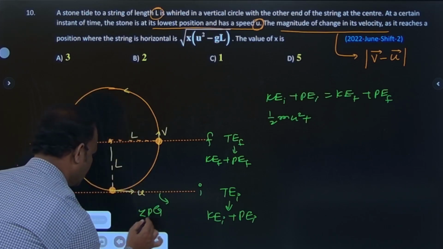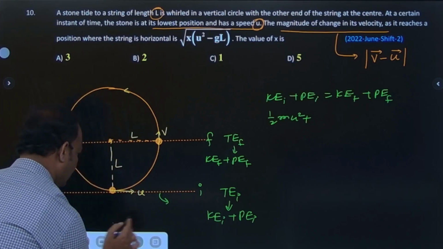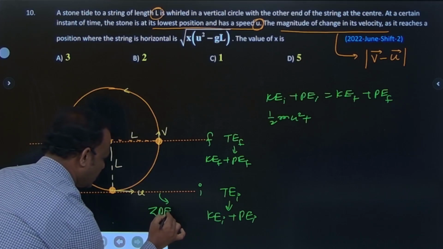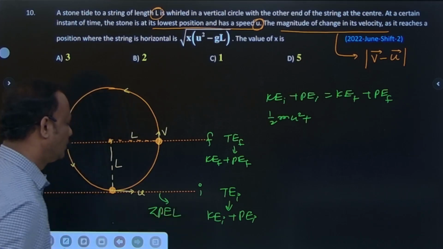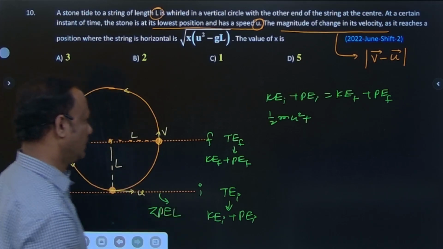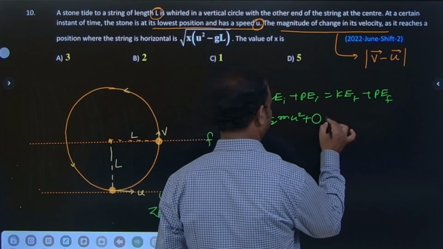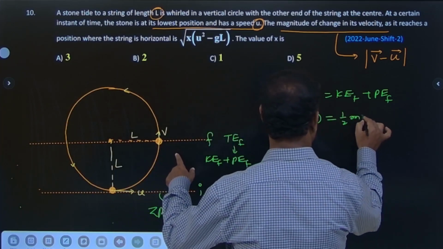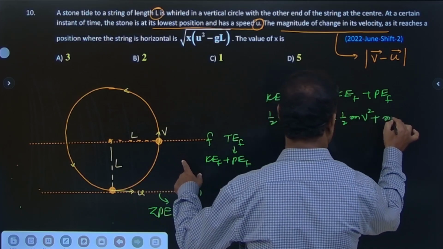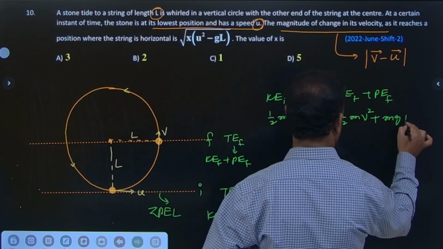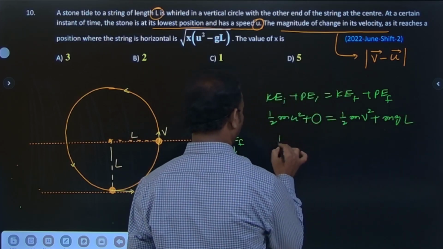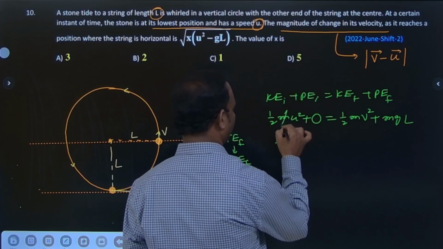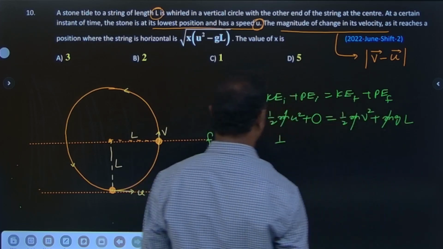So the potential energy due to gravity is zero, and this equals, at this point, half m v square plus potential energy m g h, where h is L. The m cancels.